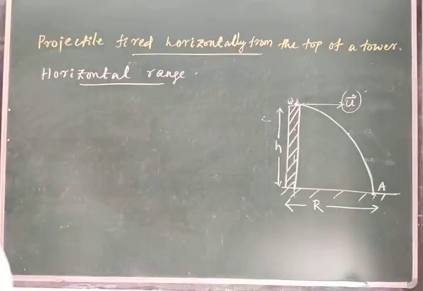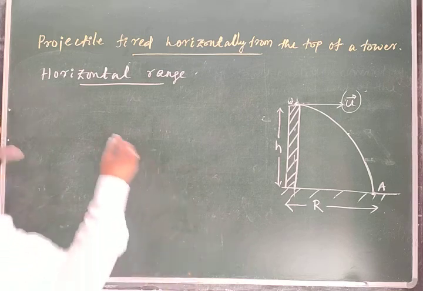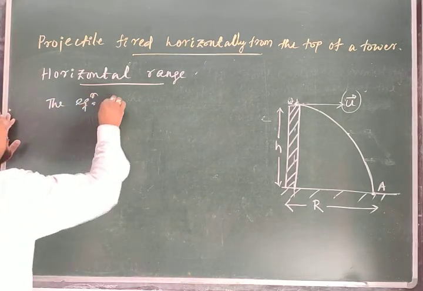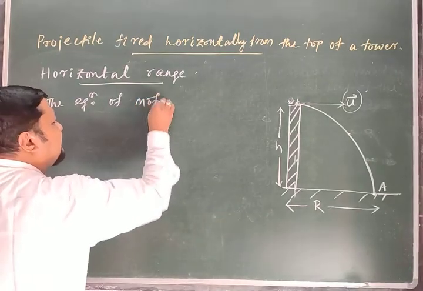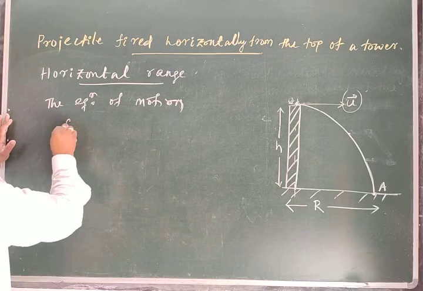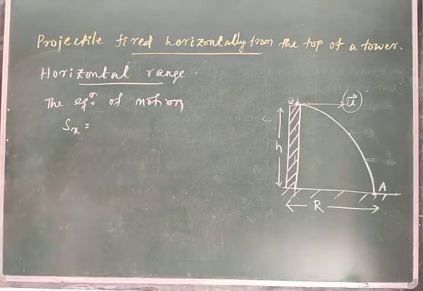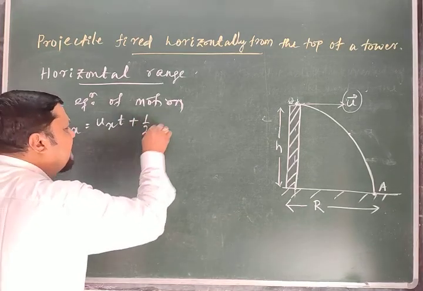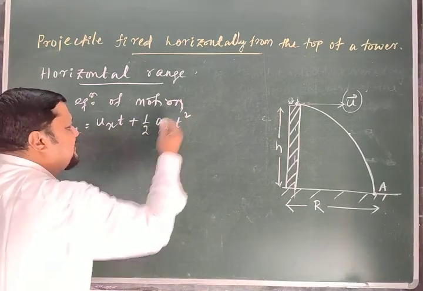So here, horizontal means I will only consider the horizontal parts. So the equation of motion, Sx is equal to ux into t plus half ax into t square, because these are vectors.